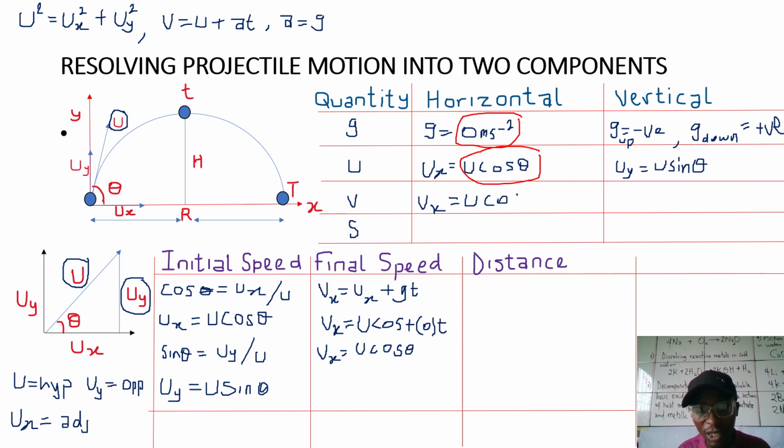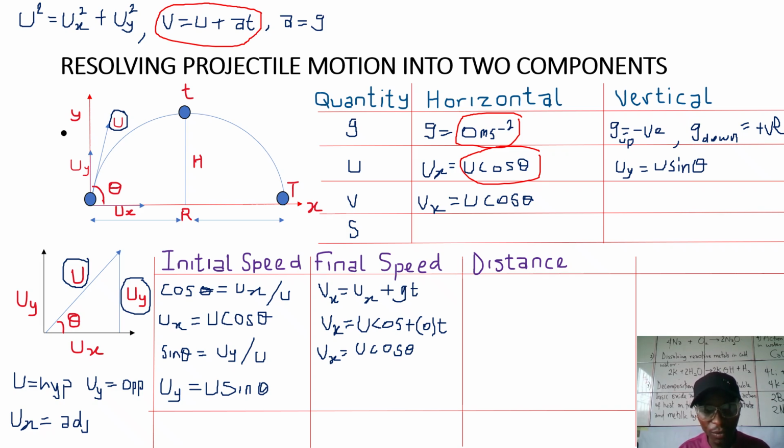Also, as we have gotten the expression for our final speed along the horizontal axis, we also have to get it along the vertical axis. We are still using the same formula, the first equation of motion, V equals U plus AT, to get the expression for our final speed along the vertical axis.